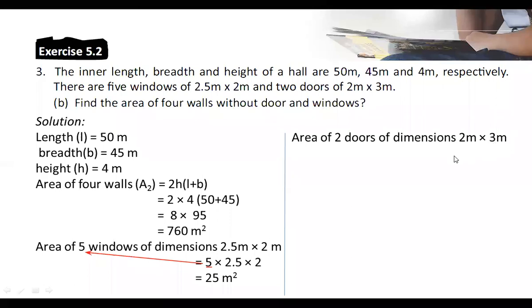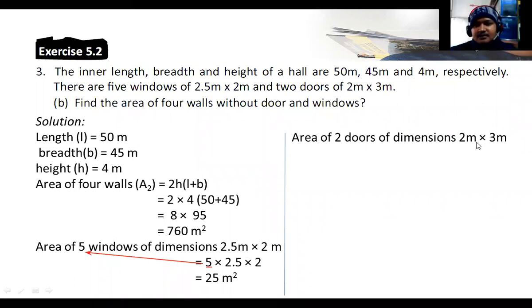Now, area of 2 doors of dimension 2 meter into 3 meter means length of the door is 3 meter, breadth of the door is 2 meter. So it is also subtracted from the total area, and to calculate its area, 2 into 2 into 3.